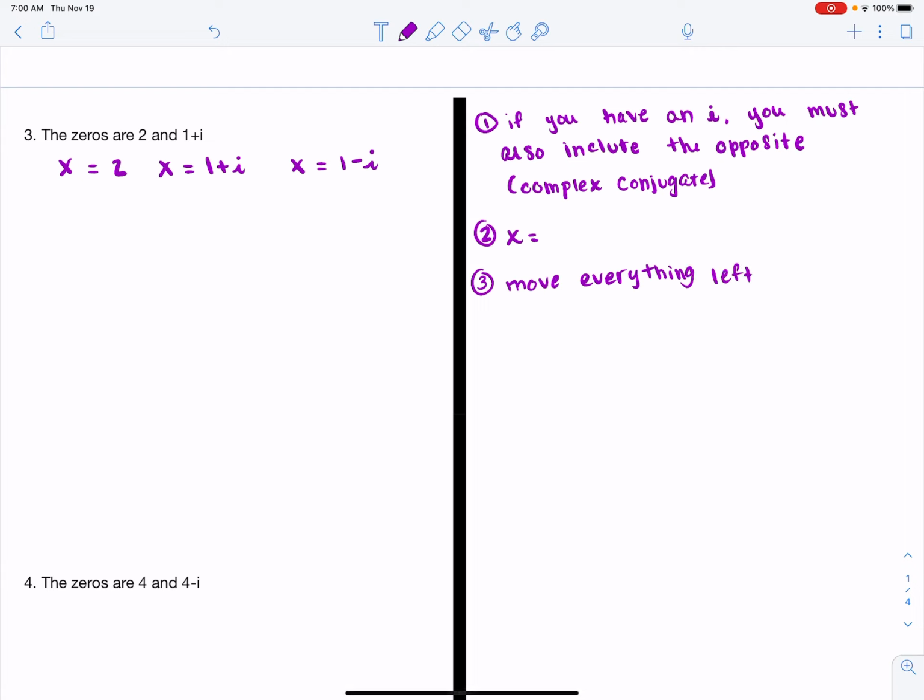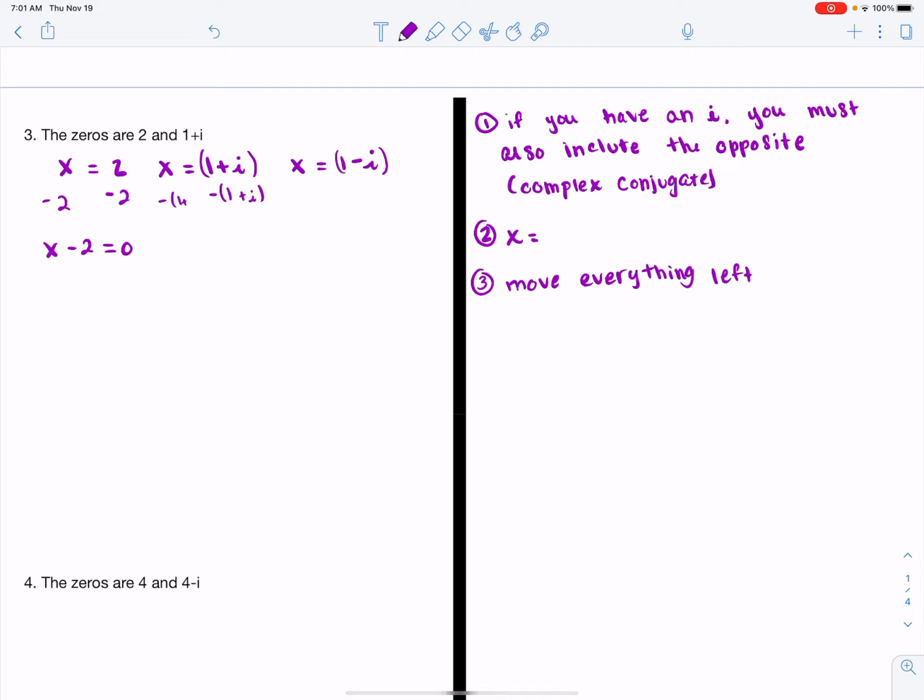Okay, so minus 2. So x minus 2 equals 0. Now, when you move groups of i, you need to move them as a set of parentheses, as one group. Don't move the 1 and the negative i, or the i. Just move them together. So I'm going to subtract because it's a positive set of parentheses. So minus 1 plus i.